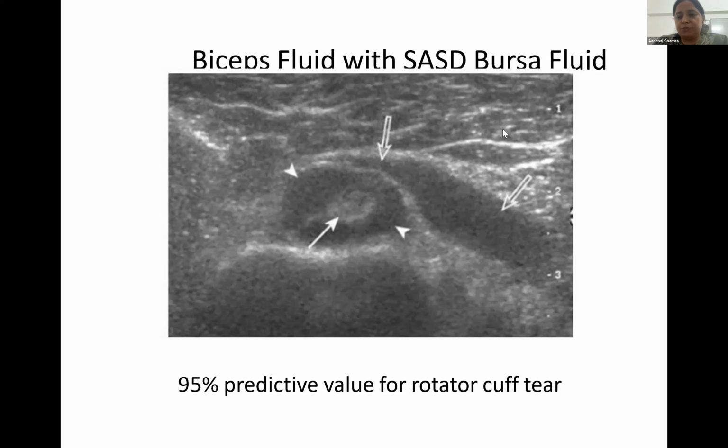Subscapularis. Good. I think everyone was awake, hearing and focusing. And other than the glenohumeral joint, what other joint do we examine in the shoulder joint? AC joint. Good job.